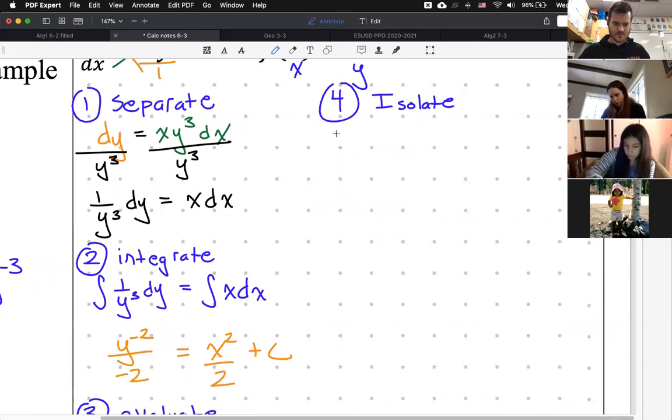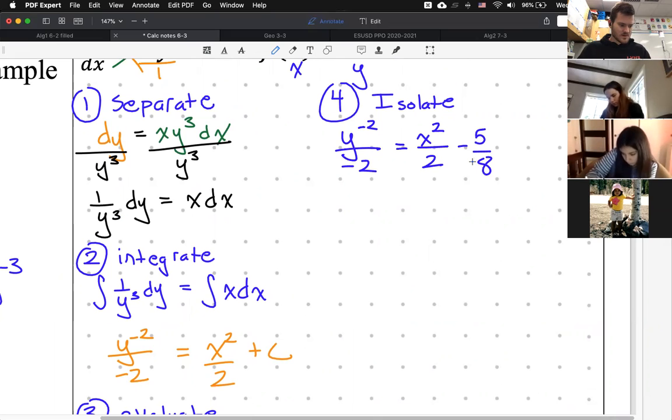So then y to the negative 2 over negative 2 equals x squared over 2 plus or minus 5/8. Minus 5/8, perfect. And then you multiply by negative 2.